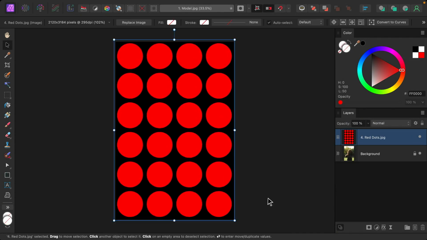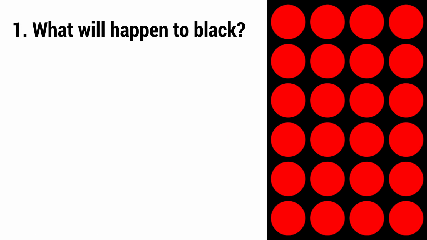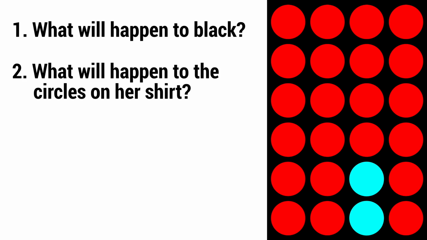Okay, before I turn on screen, let me just ask you a few questions to really test your understanding of screen. First, what will happen to the black background when we turn on screen? Okay, question 2, what will happen to the circles that are on her shirt?